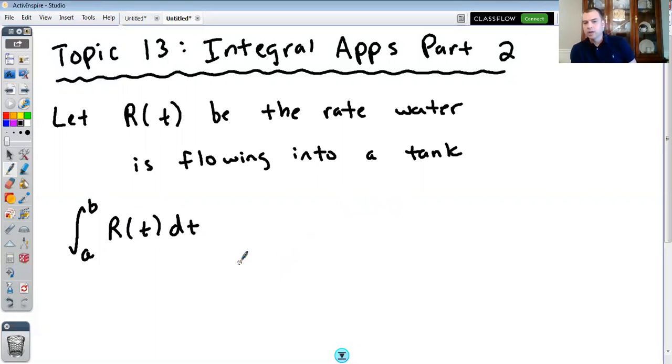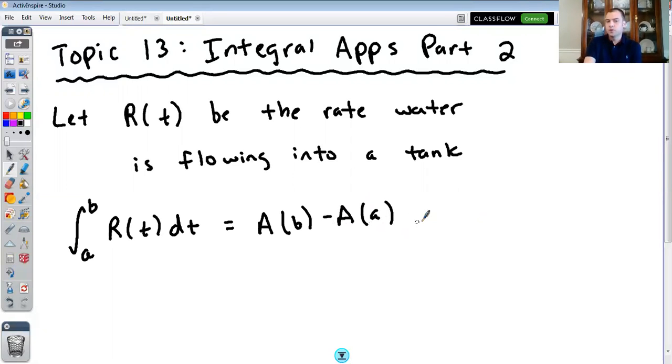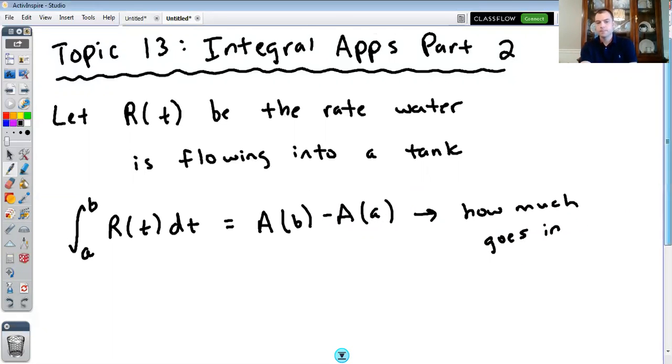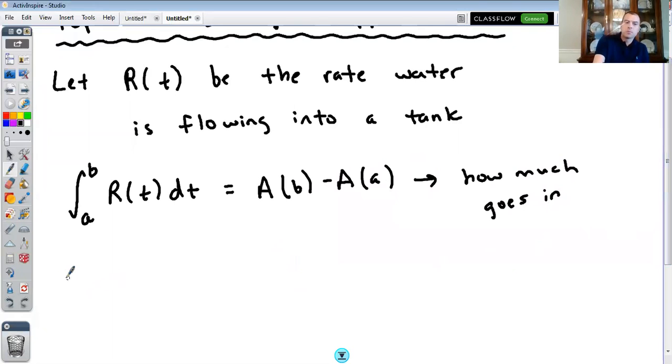So if I were to integrate this rate of change, the fundamental theorem of calculus would say that the antiderivative of rate, I'm going to call that the amount of water, would be equal to the change in amount from time A to time B. The difference between how much was there at time A versus how much is there at time B. So this is how much water goes in. How many gallons of water flow in?